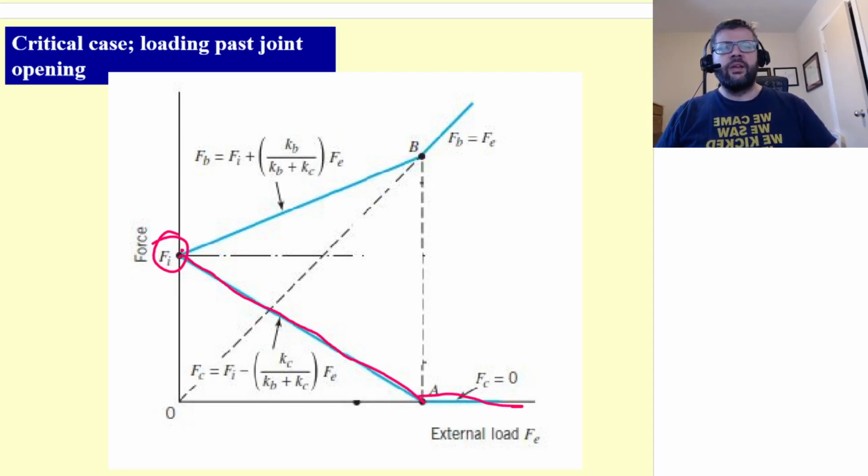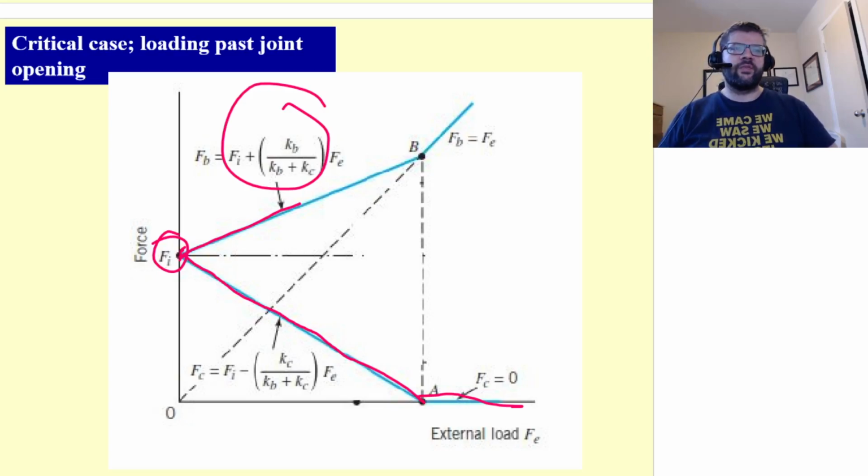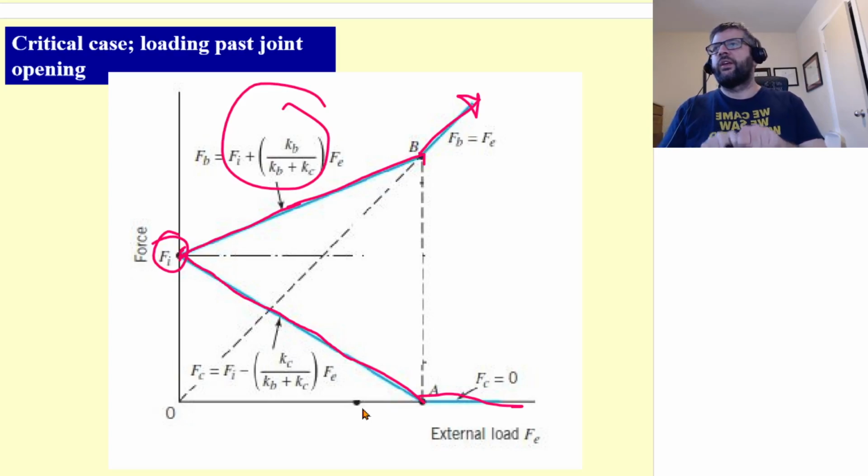For our Fb, the force in the bolt starts at Fi and increases at a certain rate, and that rate is based upon the ratio between the stiffness of the bolt and the stiffness of the joint. It increases until Fc drops to 0, and after that point, the force in the bolt is equal to the force being applied, because there are no other forces going on here.